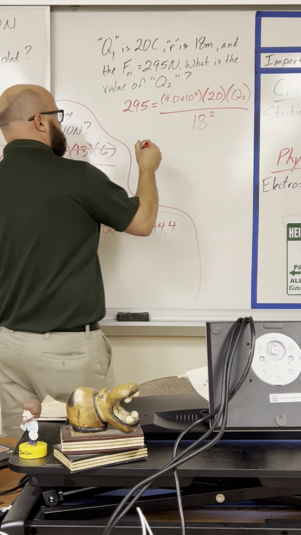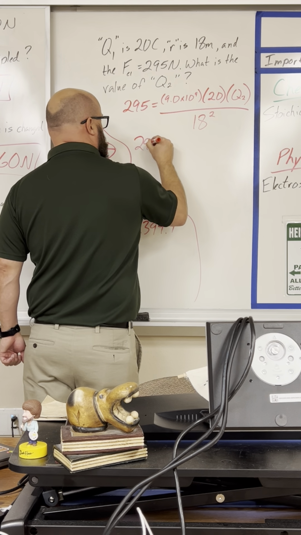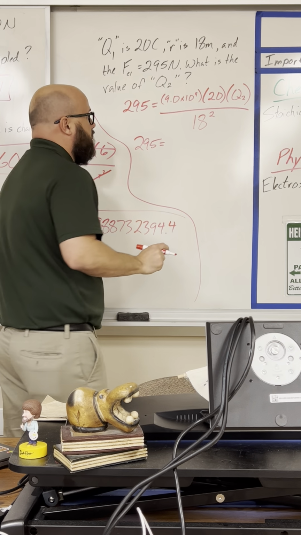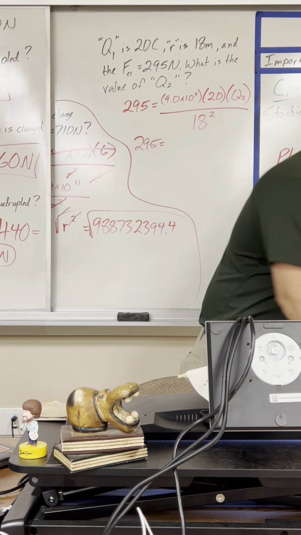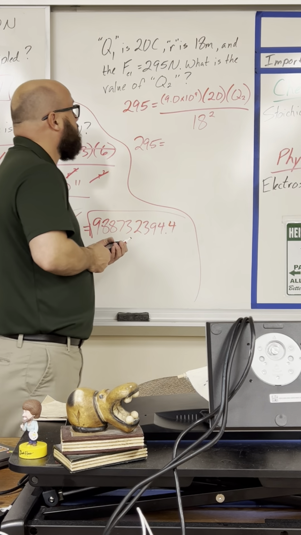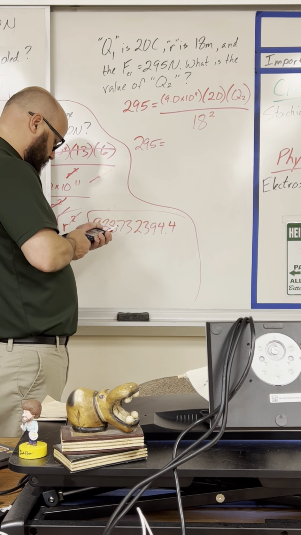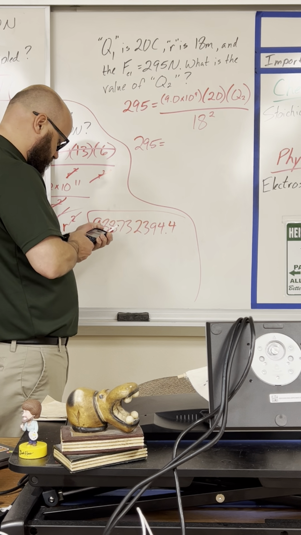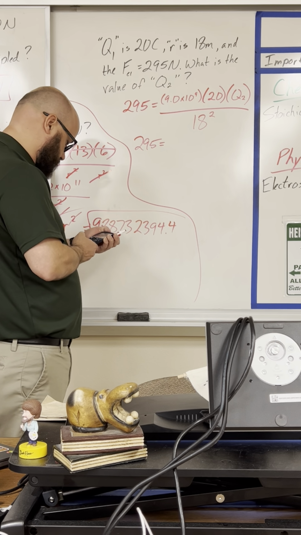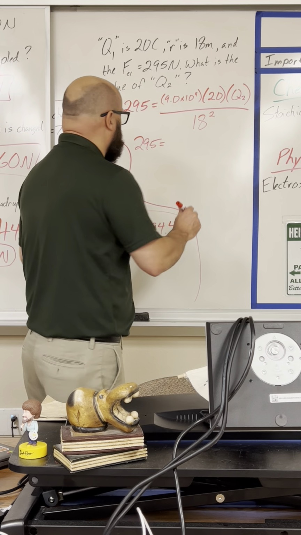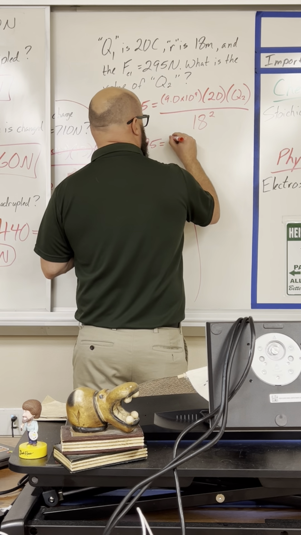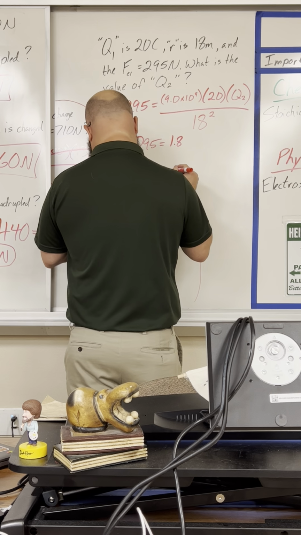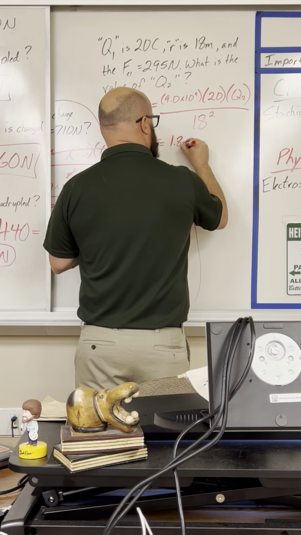All right, do some simplifying. 295 equals 9.0 times 10 to the 9th times 20. That gives us 1.8 times 10 to the 11th.